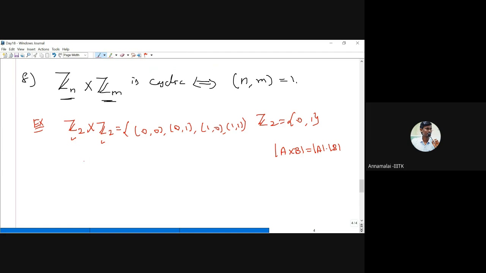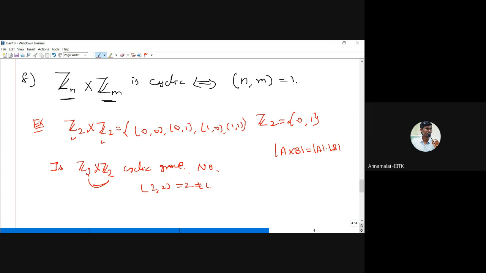Now the question is, is Z2 cross Z2 cyclic or not? No. Why? Because the GCD of 2 and 2 is 2, which is not equal to 1. Therefore, this is not a cyclic group.